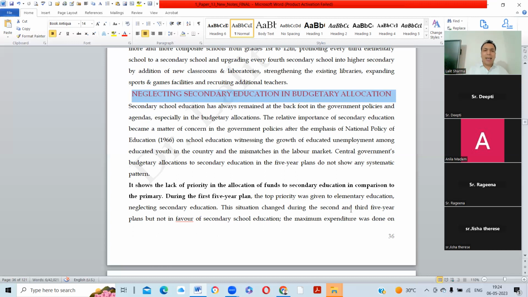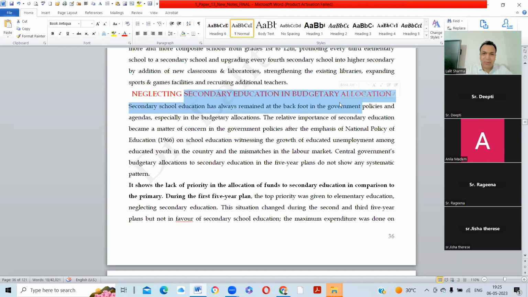Under this law, every child does not have to do child labor. It is the right of the children to get primary education, and if anybody is caught violating it, it is punishable. So we have to talk about all the secondary education five-year plans, and how we are neglecting secondary education.